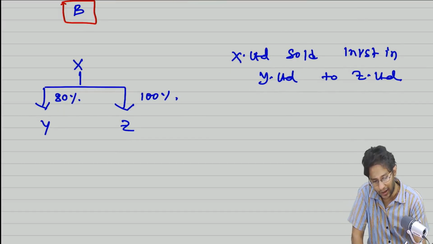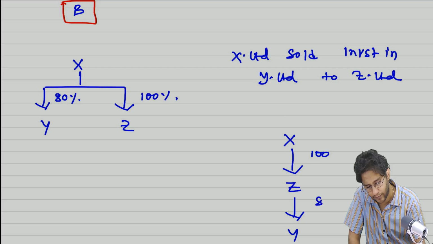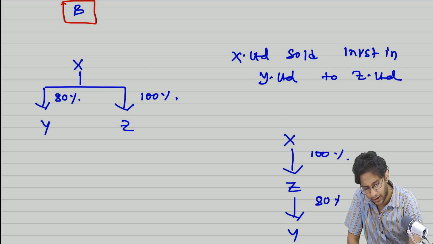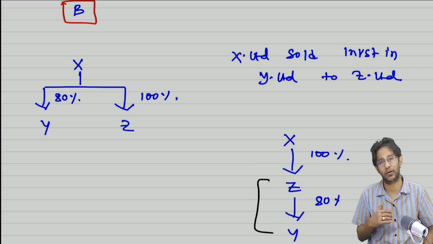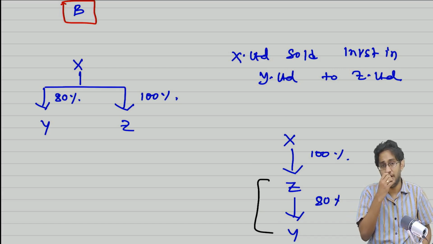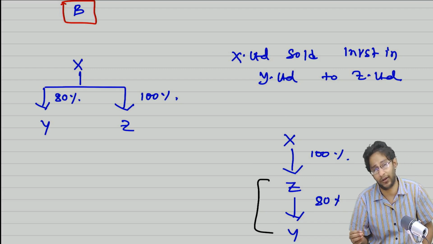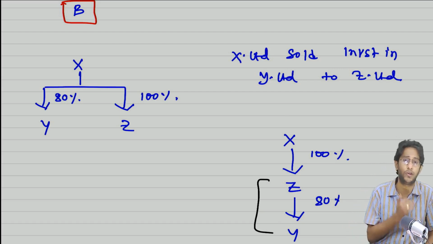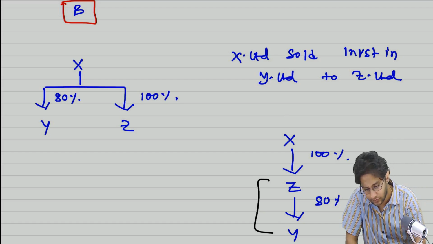So ultimately how it looks is X is having shares in Z, Z is having shares in Y. If you observe only this part, Z obtained 80% shares in Y Limited. Z acquired control over Y Limited. True that is. But Z and Y both are under the control of X Limited, before the arrangement and after the arrangement also. So again this is a common control transaction.